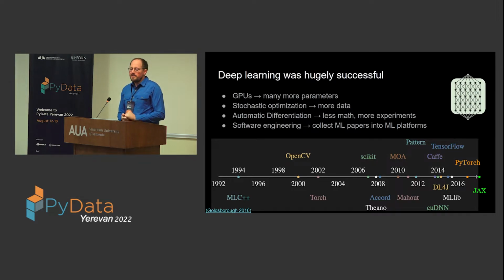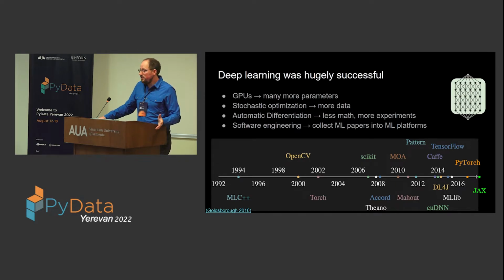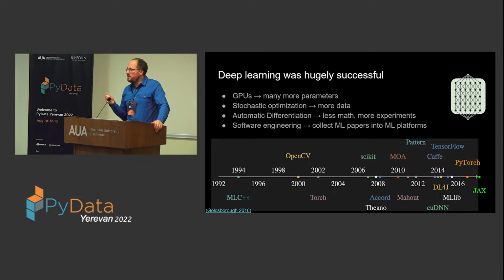Geoff Hinton and Yann LeCun adopted these great engineering practices. They made all their neural networks run on GPUs, and GPUs had a lot of compute power and were shaped pretty well for neural networks, which meant that these neural networks could train on many more parameters. They used stochastic optimization algorithms like stochastic gradient descent, and these algorithms permitted mini batching.